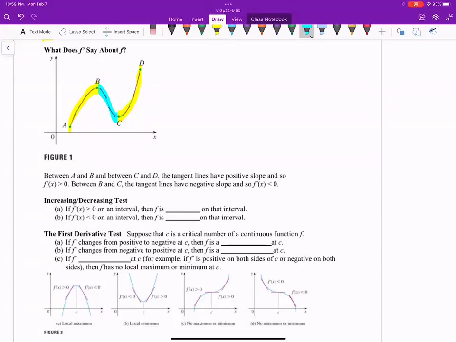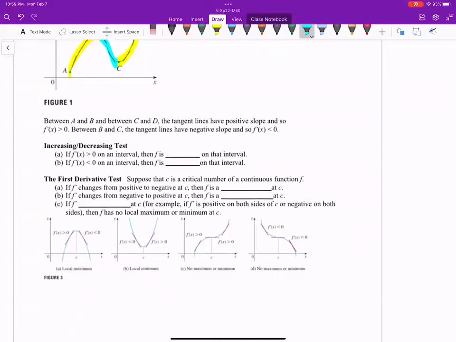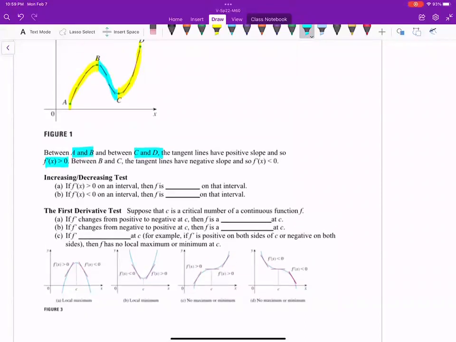From A to B and C to D, the slopes of the tangents are positive. So between A and B and between C and D, the tangent lines have positive slope, which is f prime x more than 0. Between B and C, the tangent lines have negative slope, which means f prime x less than 0. This leads to the increasing and decreasing test.